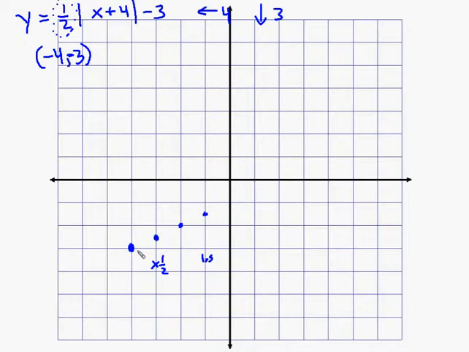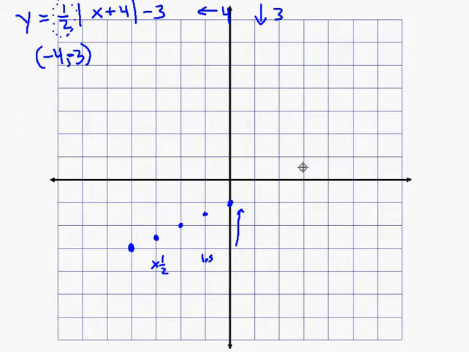I'll do one more. If I go right 4, what's the absolute value of 4? But times my stretch factor of a half, which is 2. So I'll go up from there 2 units.